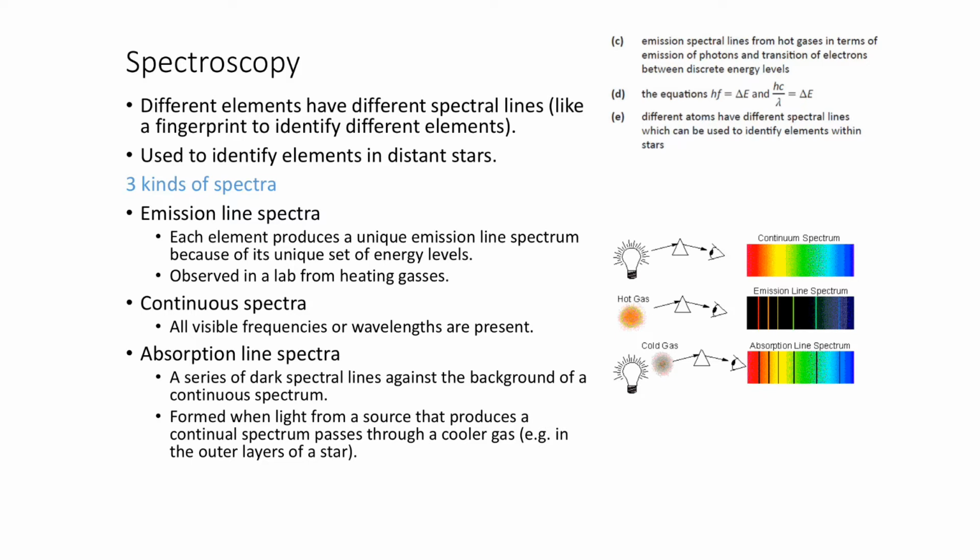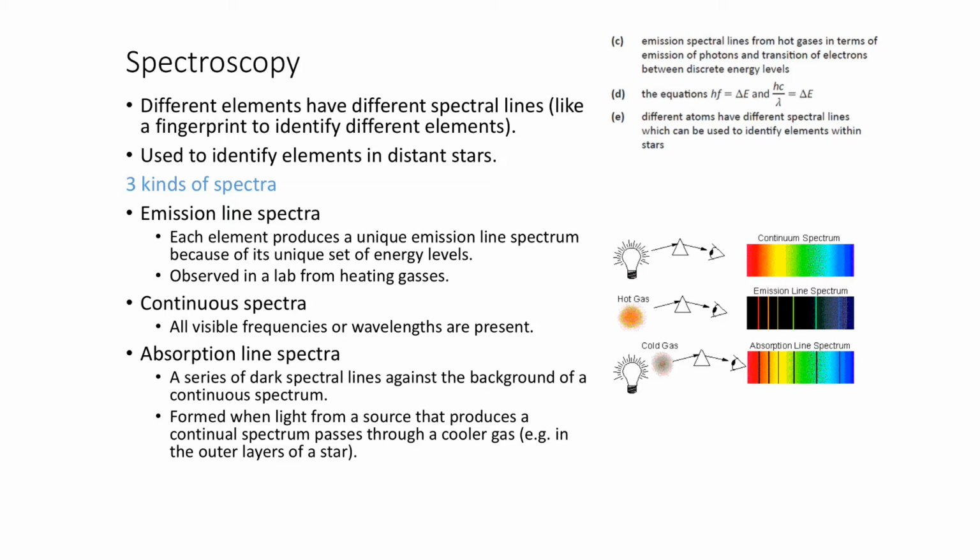So let's just take a look down the left-hand side first of all. So spectroscopy, so that's what this topic is really. So different elements have different spectral lines, and I've mentioned that it's a fingerprint already. And we can use this information to then identify the different elements that are found in different distant stars.